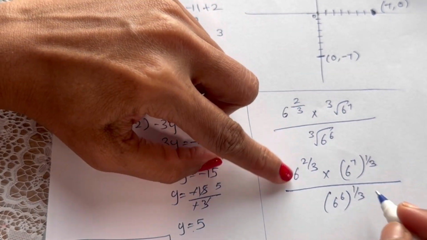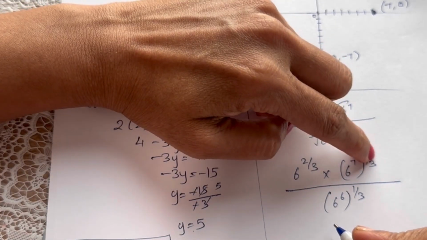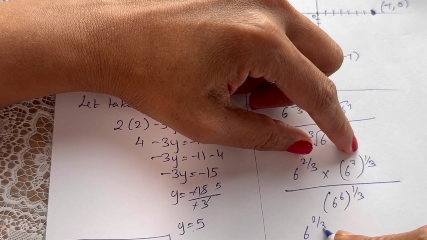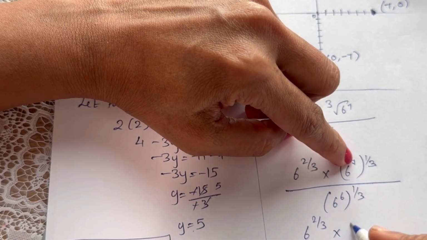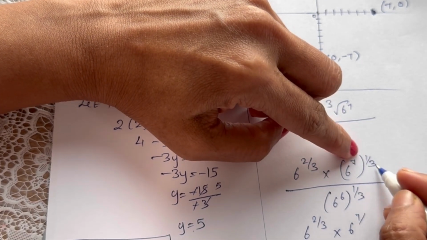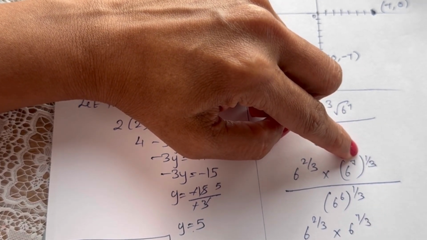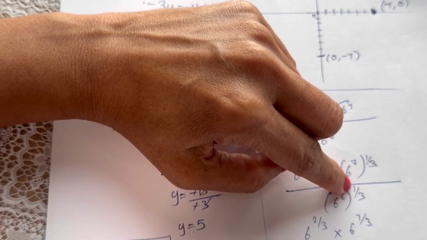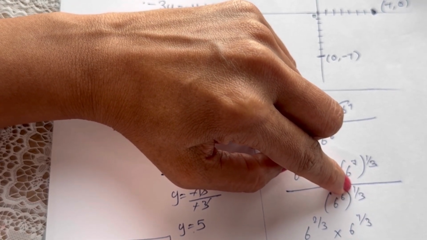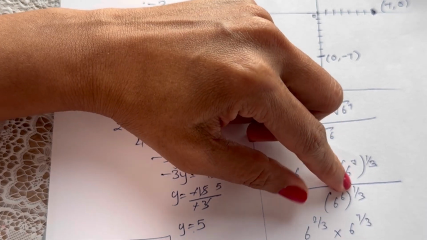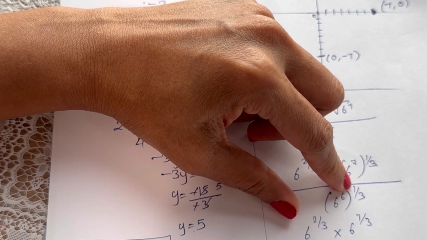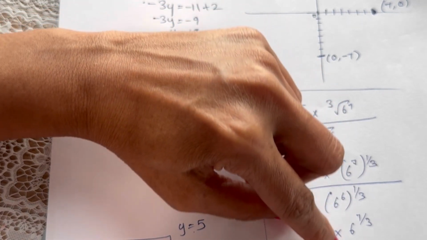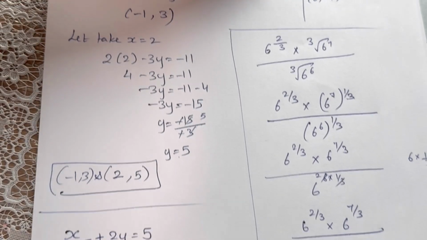After this, we can apply the power of a power law and multiply these two things first. So when you find the product, 7 multiplied with 1/3 is 7/3, and this will be 6 multiplied with 1/3, so it is 2. This is 6 power 2.